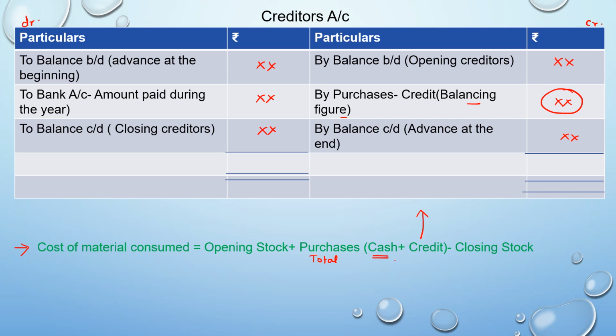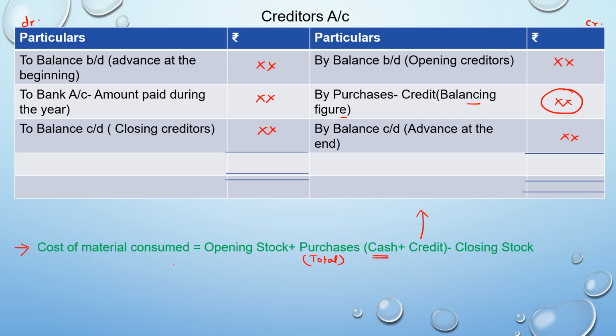This is a point where you could forget. Please remember to include the cash purchases because we are adding the total purchases. And then from that we subtract the closing stock of that material at the end of the period. So by using this formula, you would arrive at the cost of material consumed during the year, whether it is sports material or stationery consumed or the medicine consumed by a charitable hospital.